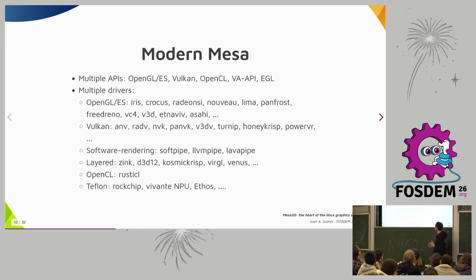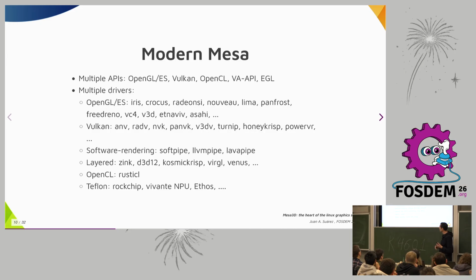What happens nowadays? The current Mesa basically supports multiple APIs. The well-known are OpenGL, in all its versions, but also Vulkan, OpenCL, and other APIs like VA-API, which is video acceleration.